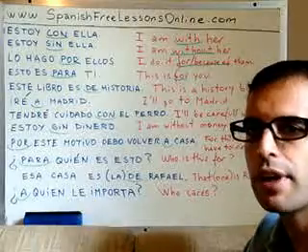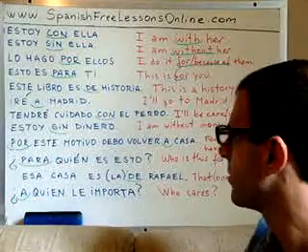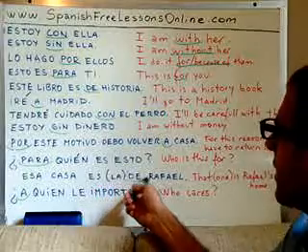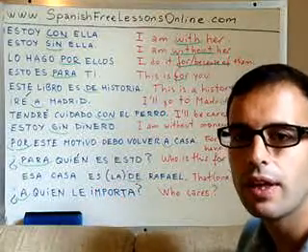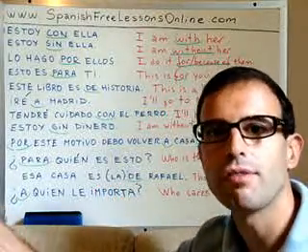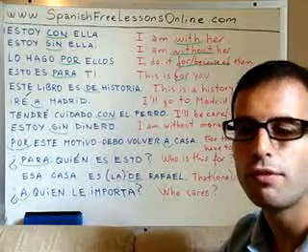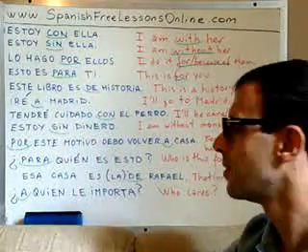That house is Rafael's. If you say, esa casa es la de Rafael, you are saying, that one is Rafael's home or Rafael's house. You're specifying it's that one.